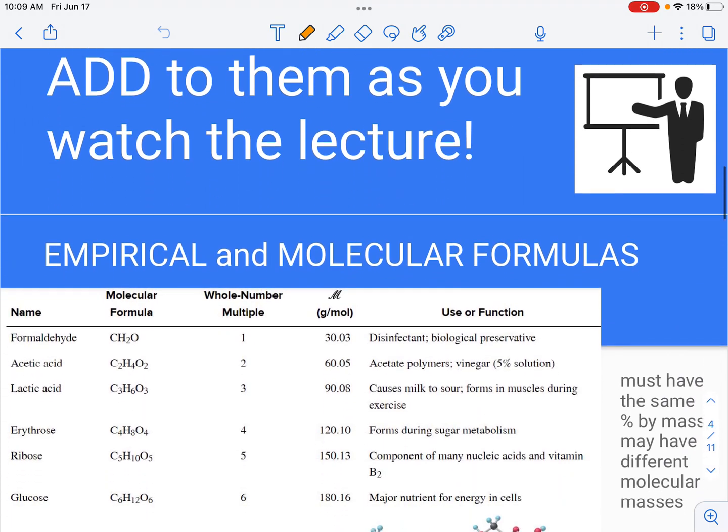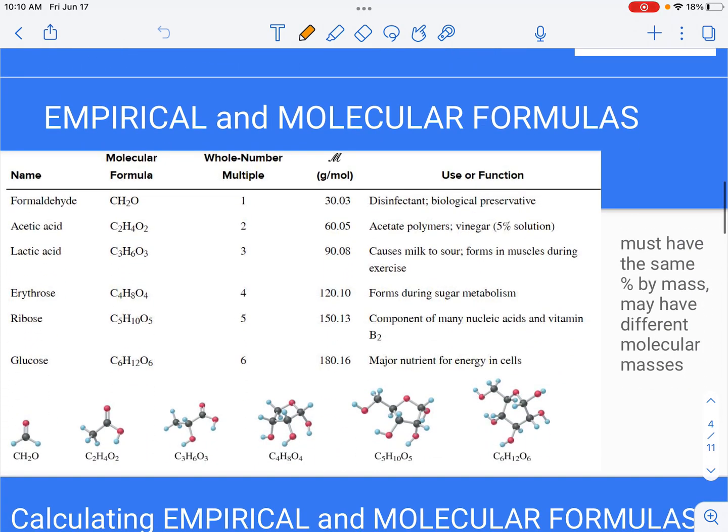All right, so the first thing that I want to talk about in this video is the definitions of empirical and molecular formula. Empirical formula has to be the simplest whole number ratio of the elements in a compound. And for ionic compounds, pretty much we always use an empirical formula, but for compounds that are made of two or more nonmetals, we often will not.